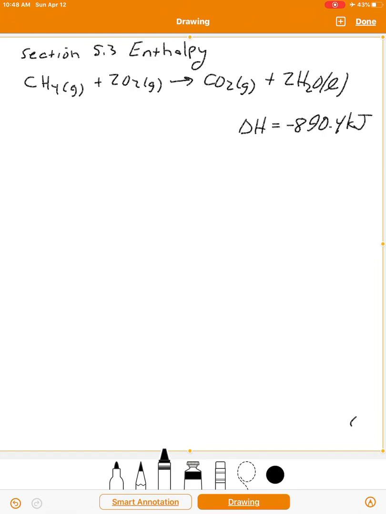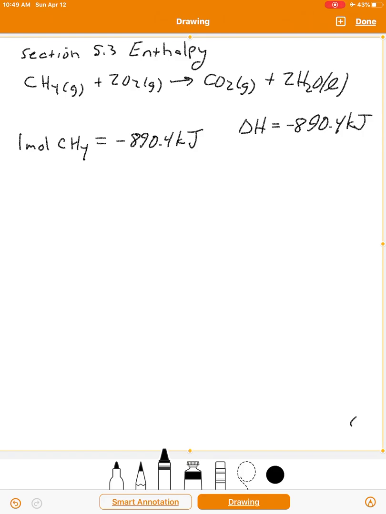For this specific reaction, what we would do is we would say that if you have 1 mole of methane, the amount of energy it releases is 890.4 kilojoules. Now that might seem a little bit odd to say a mole is equal to 890 kilojoules, but in a sense we do that all the time. 12 inches equals a foot. An inch is not a foot, but 12 inches equals a foot. That's what we're saying from this equation. 1 mole of methane equals 890.4 kilojoules.